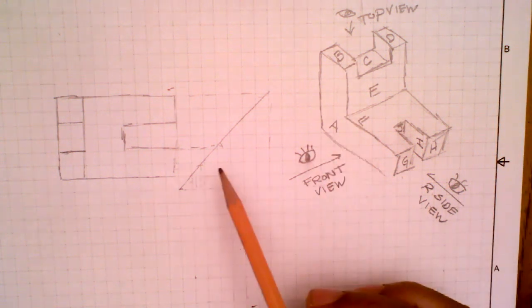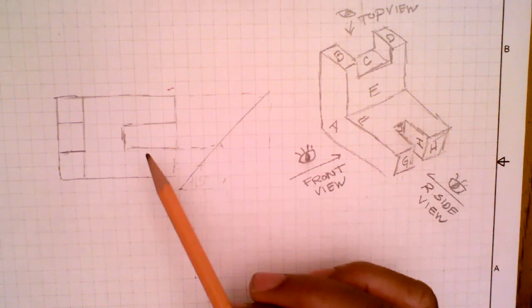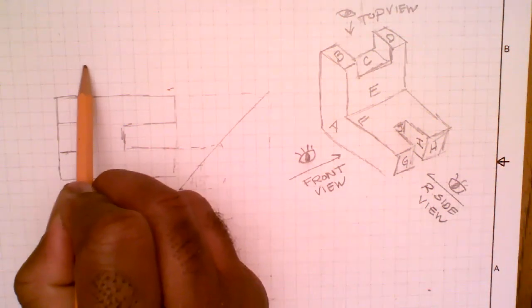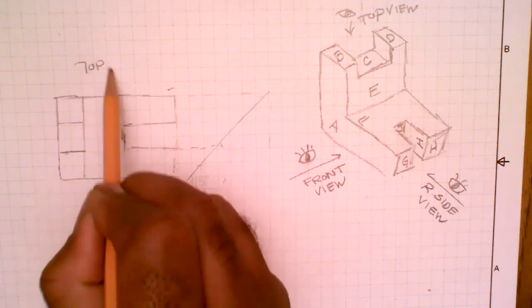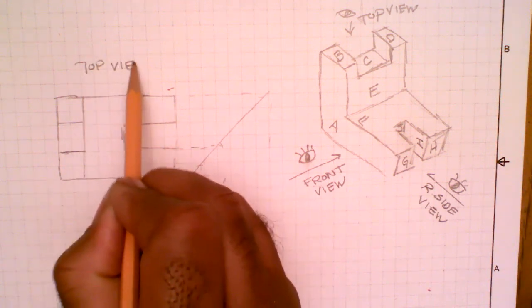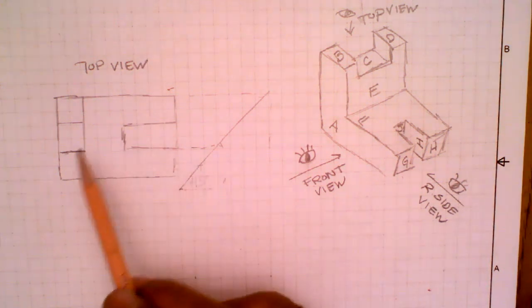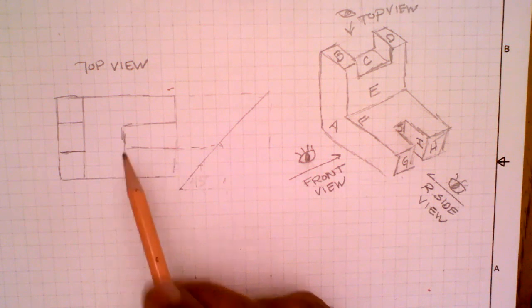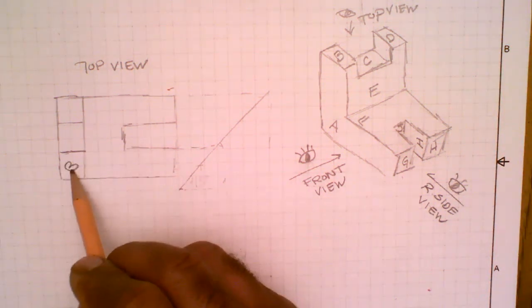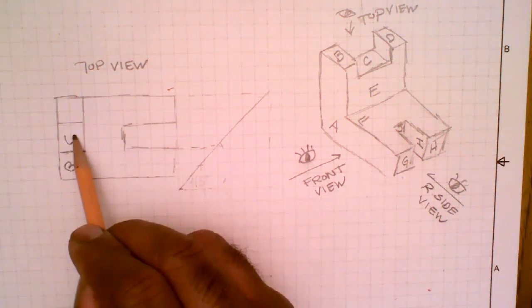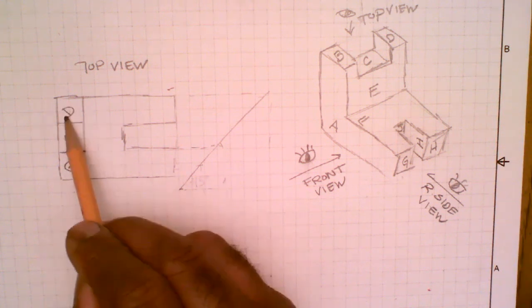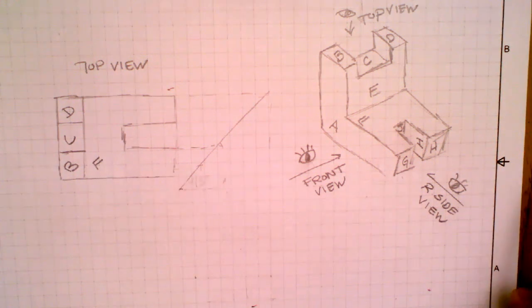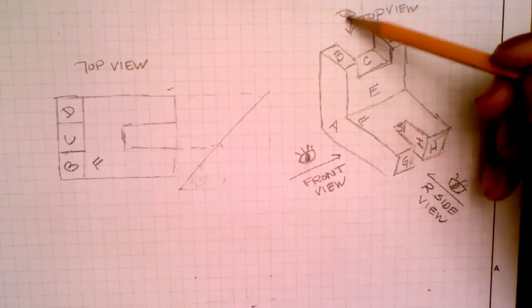What I've already done is create the top view over here. And so I'm going to label this top view. In my 2-dimensional top view, I see letter B, letter C, letter D, and letter F. That's my line of sight from the top view.